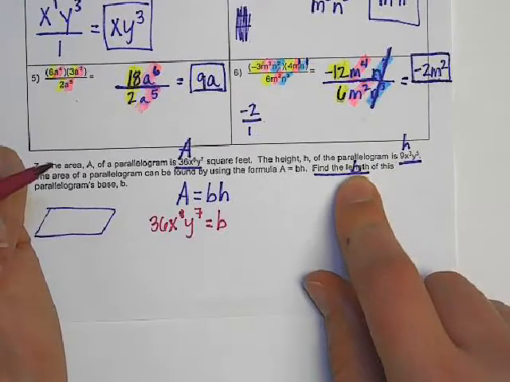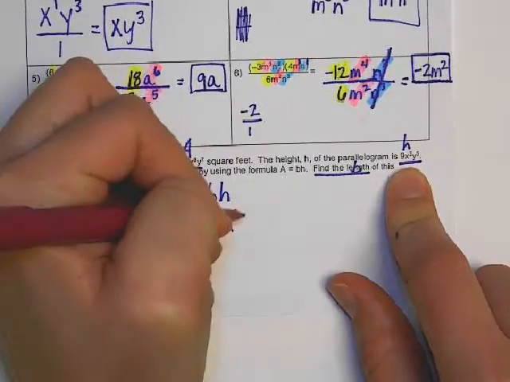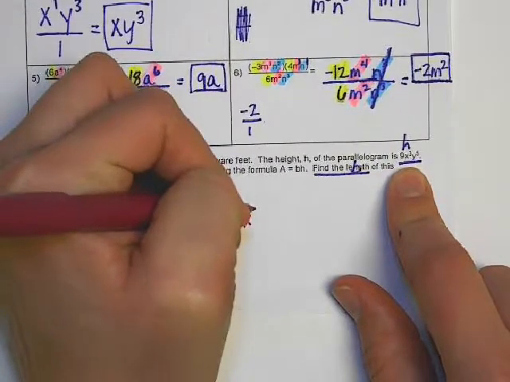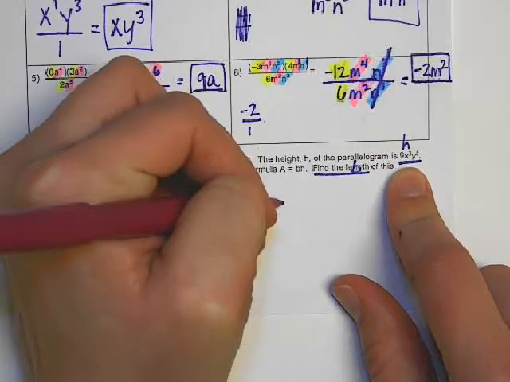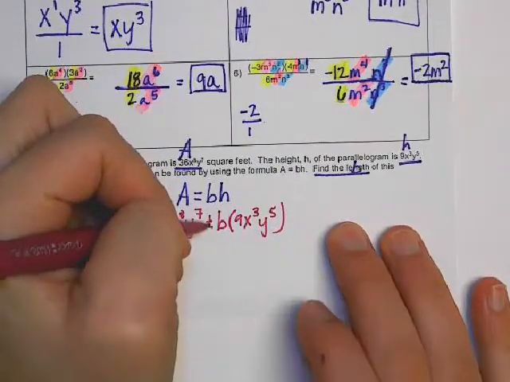Do I know the height? Yes. And if I plug something in, what's got to go around it? Parentheses. 9x cubed y fifth. So everybody should be writing that. So what does it want me to find? The base. I know the area.